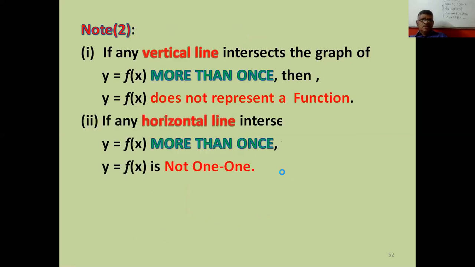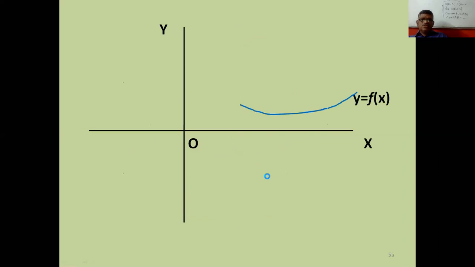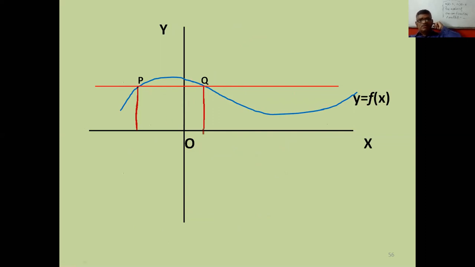Further, if a horizontal line intersects the graph more than once, then it cannot be one-to-one. Why? Because if I draw any horizontal line and it intersects the curve more than once, look here, more than once, what happens is that for different values of x, x1 and x2, we have the same f(x1) and f(x2).